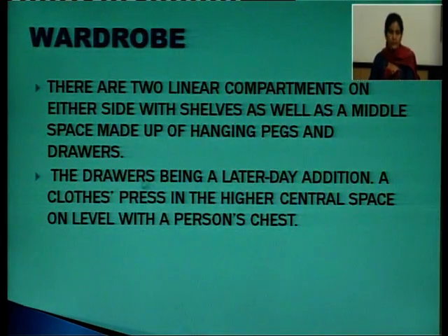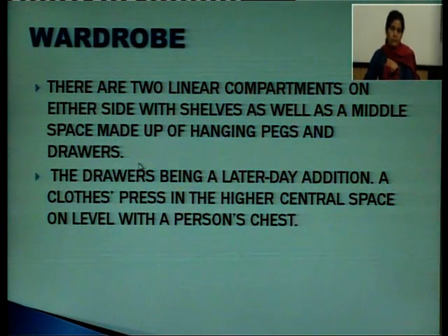Now next comes, there are two linear compartments on either side with shelves as well as middle space made up of hanging pegs and drawers. The drawers being a later day addition, a close press in a higher central space on level with a person's chest.